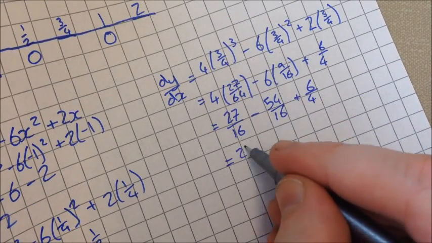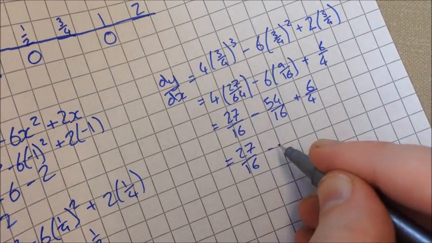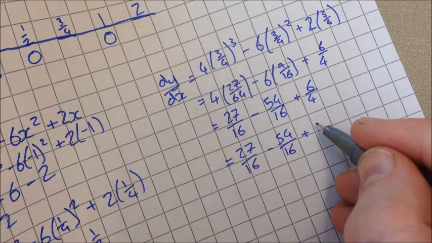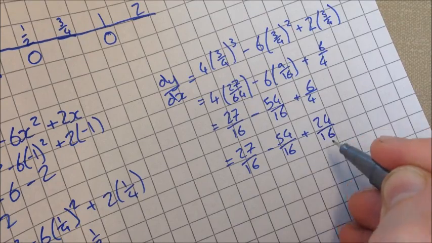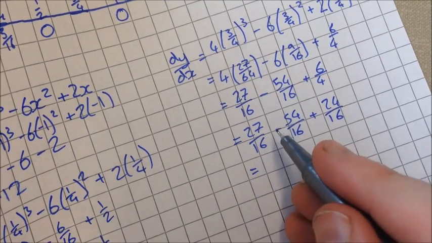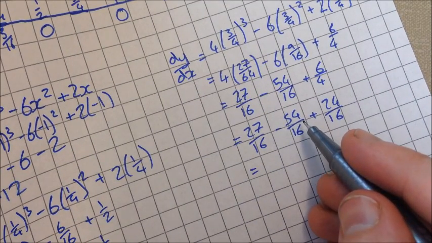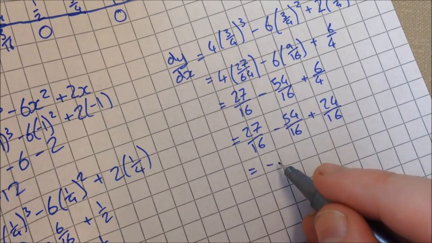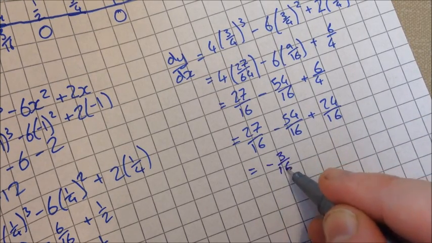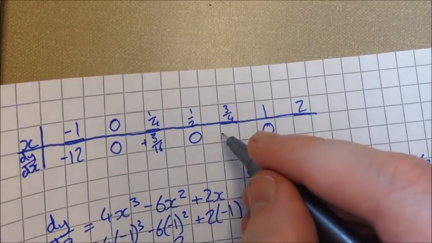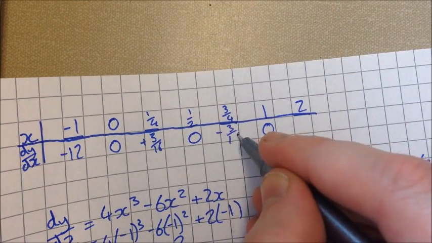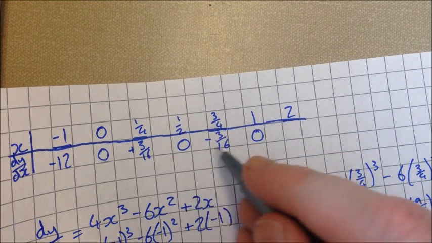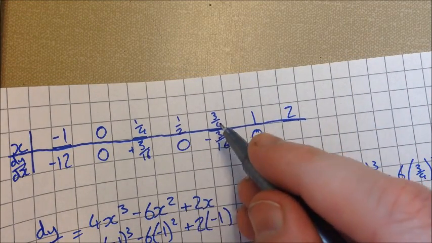Right, everything in the denominator of 16ths. So -27/16 plus 24/16, that's -3/16. And again, it's a negative. That's the most important thing. Notice the symmetry here. I suppose we're a similar distance away, aren't we? Well, we're the same distance away from the half.